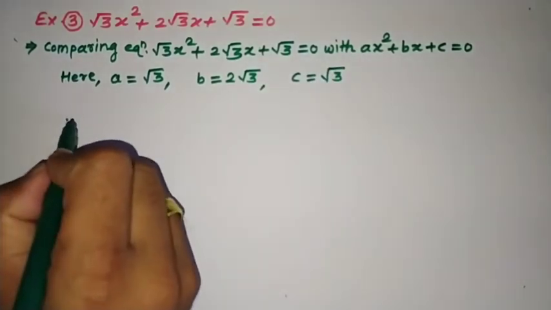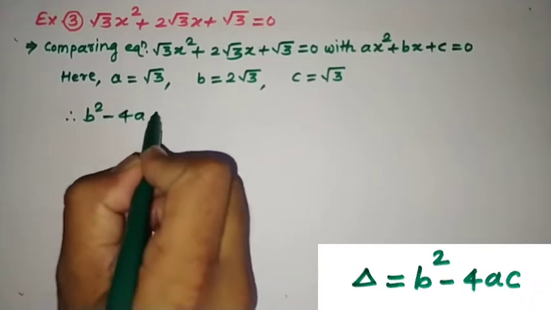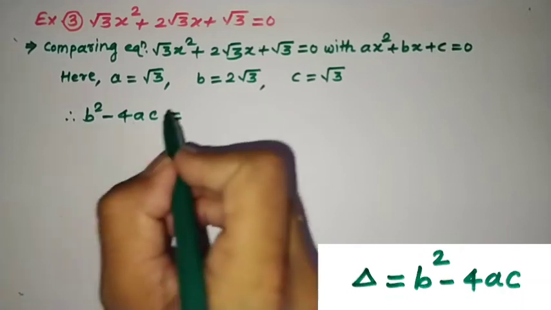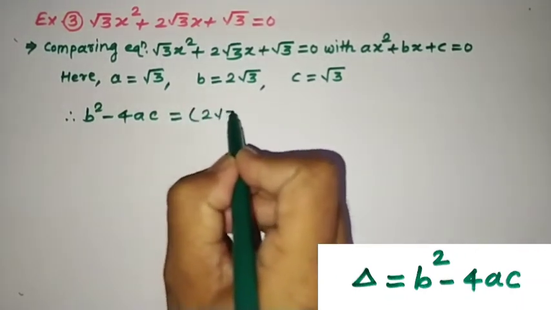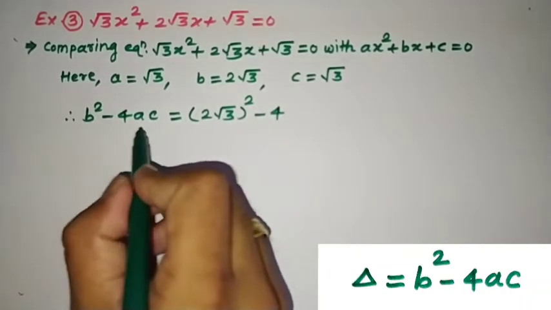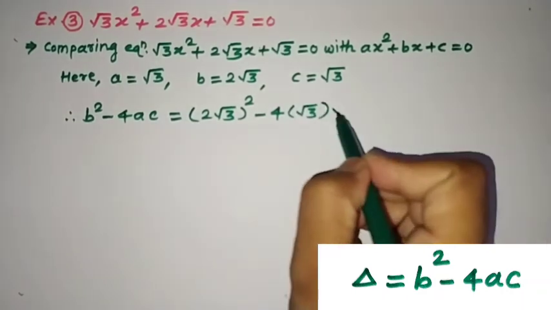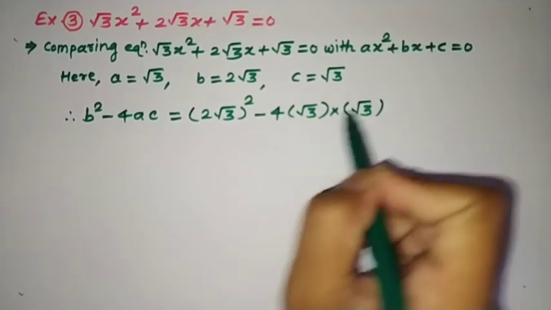Find the value of the discriminant. b square minus 4ac is equal to, putting the values in this formula, b is equal to (2 into root 3) whole square minus 4 into the value of a, which is root 3, and the value of c is equal to root 3.